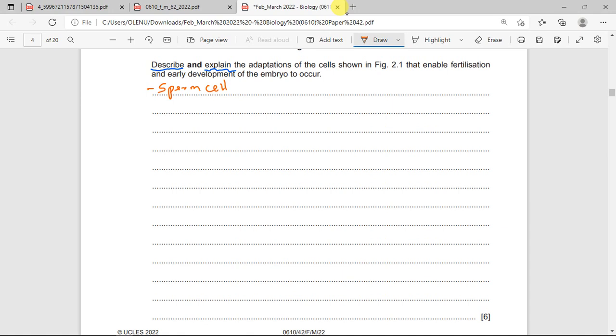I'll pick first: all sperm cells have a nucleus, and the function is it fuses with that of the egg cell, the egg cell nucleus, during fertilization.